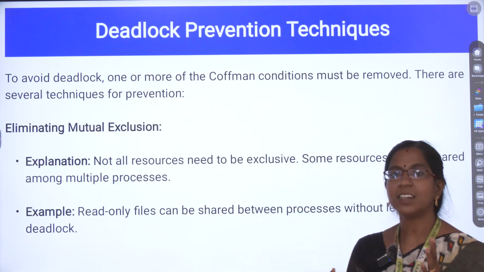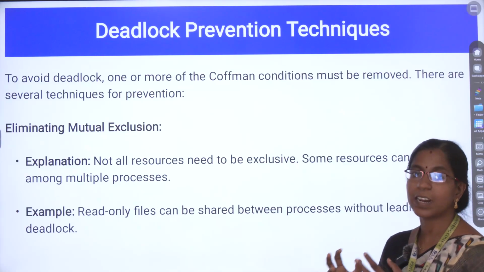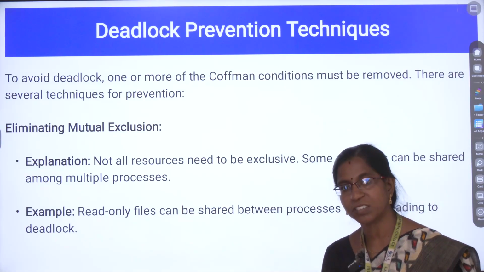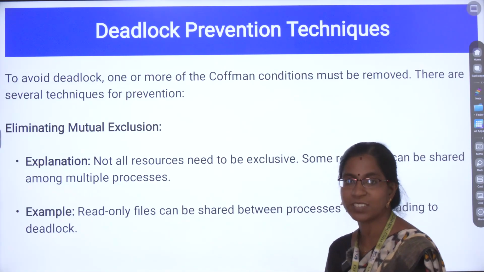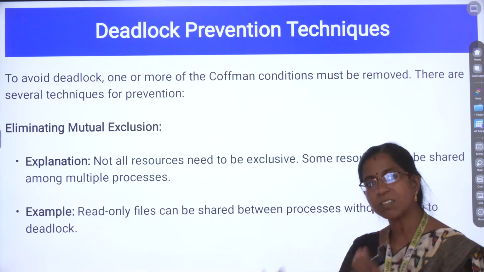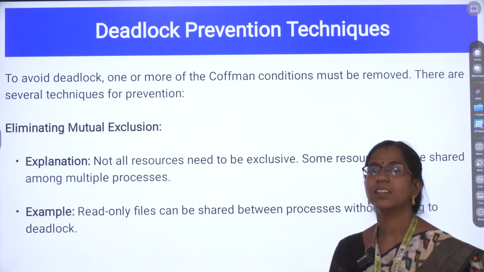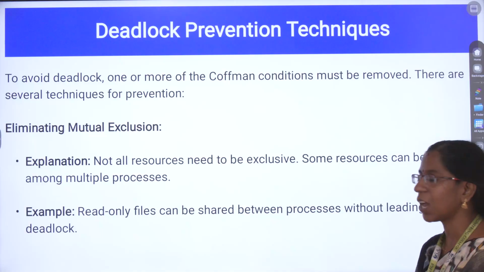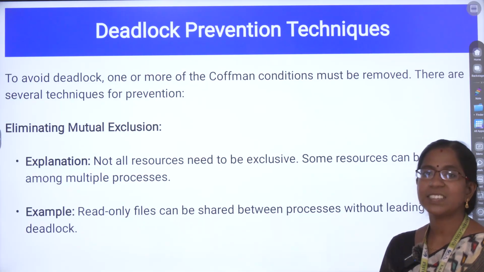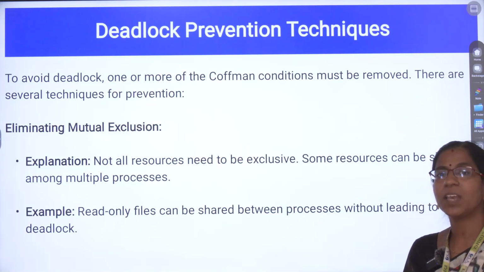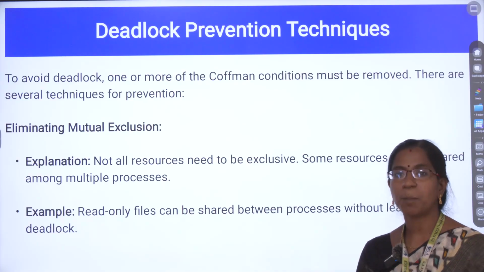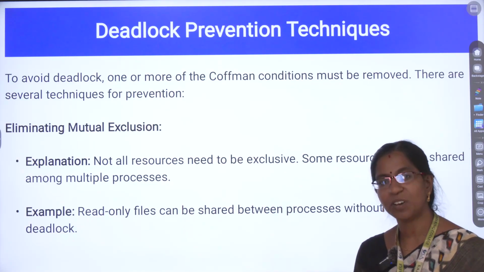We cannot design all resources to be exclusive for each and every process; you should make some resources shareable. For example, if you make files read-only, more people can access the file.